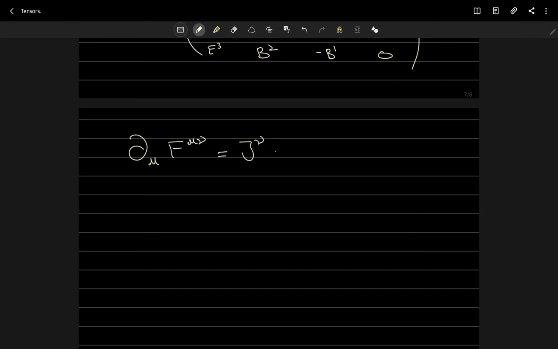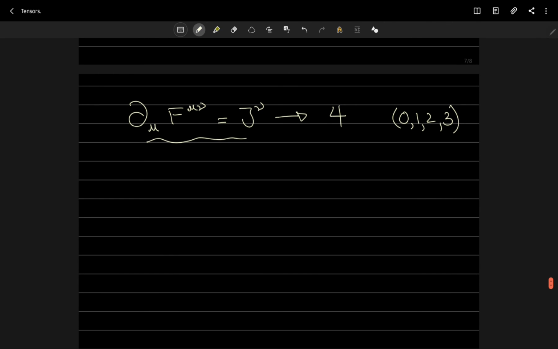Now, over here we have 4 equations, for the 0, 1, 2, 3 components. And we have another one which you might not know, but that is partial mu F nu lambda is equal to 0. And this also contains 4 equations.